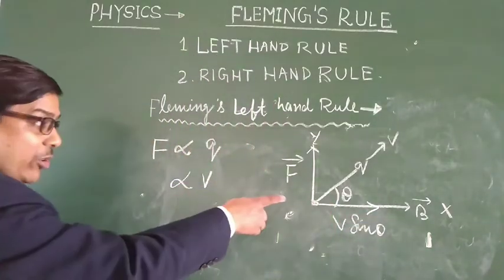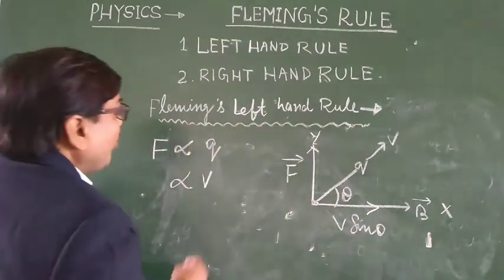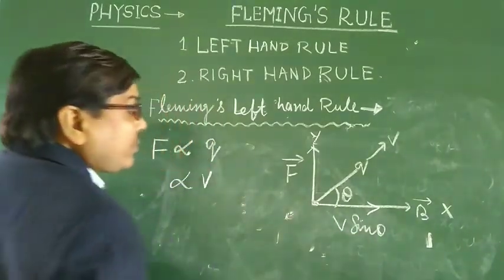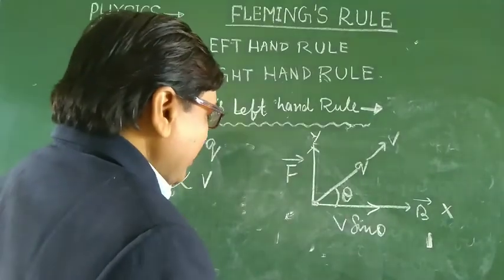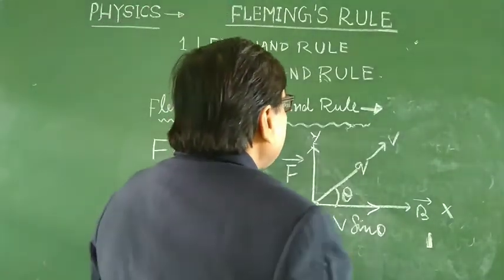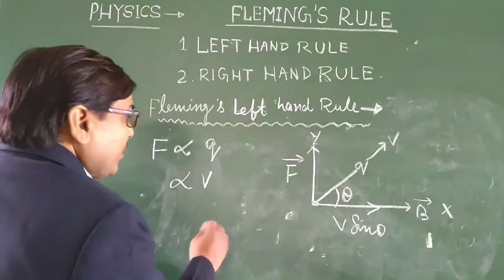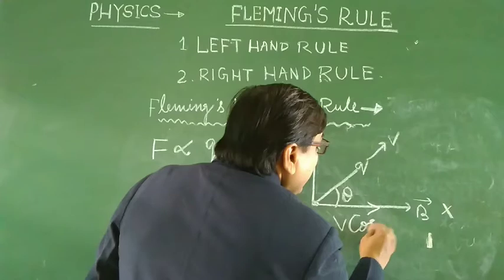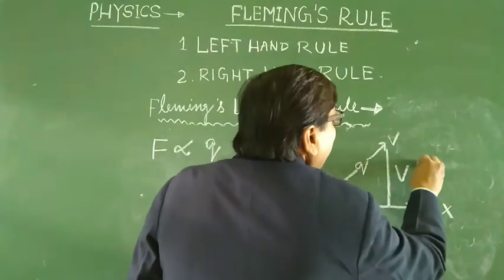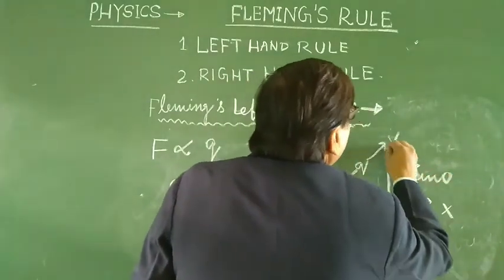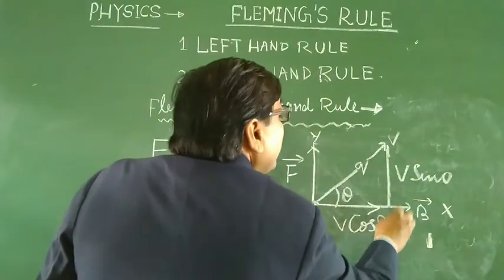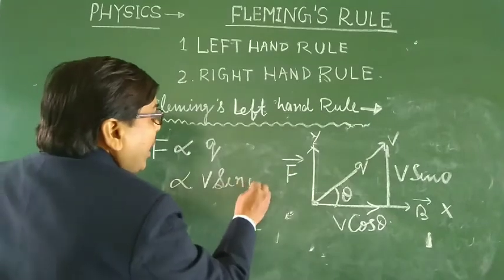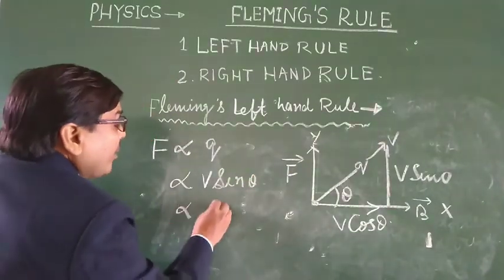Now this component is V sin theta. In very short I am going to discuss this. Here the horizontal component is V cos theta, and this is V sin theta. If you break the velocity V, the vertical component we have to take is V sin theta.